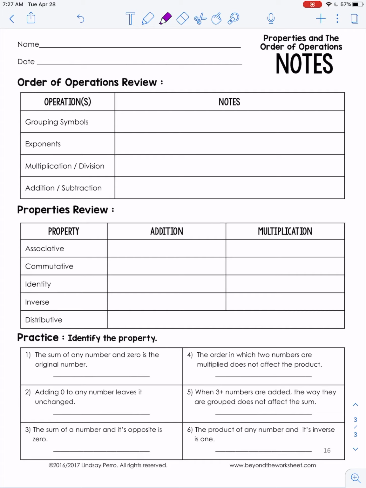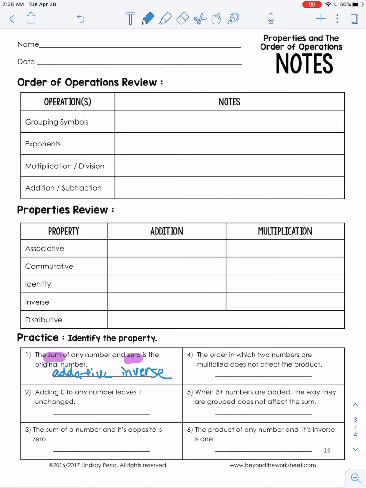The sum of any number and 0 is that original number. So our key words here are sum and 0. What we need to think about is which property talks about the sum of any number and 0 being the original number. The answer would be the additive inverse.